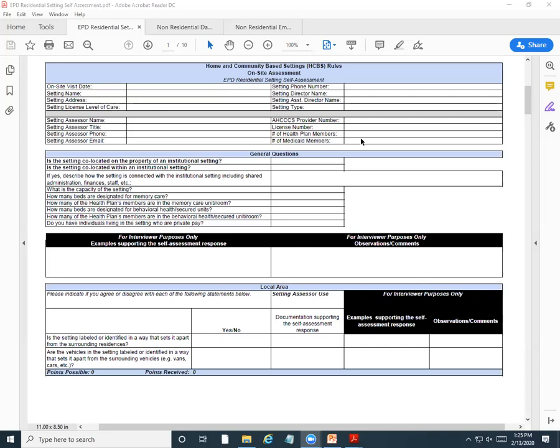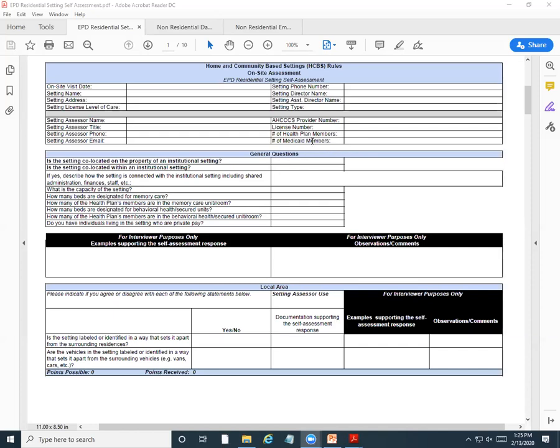This is how you would answer yes or no: is this applicable to this person with no issues at all? There's a whole person-centered planning process for the health and safety issues and guardian issues that a member may have. This is very general about your setting and not specific to any member.